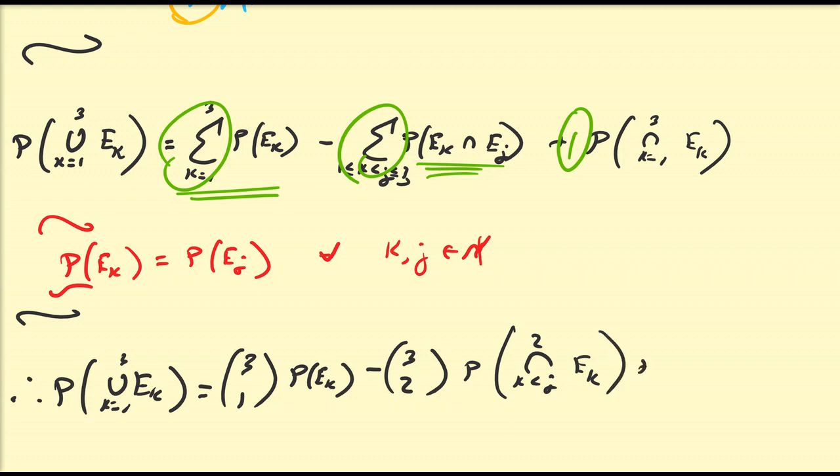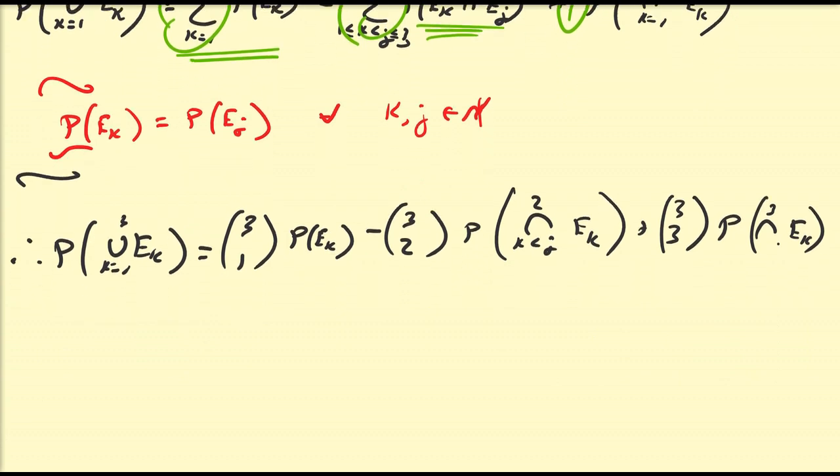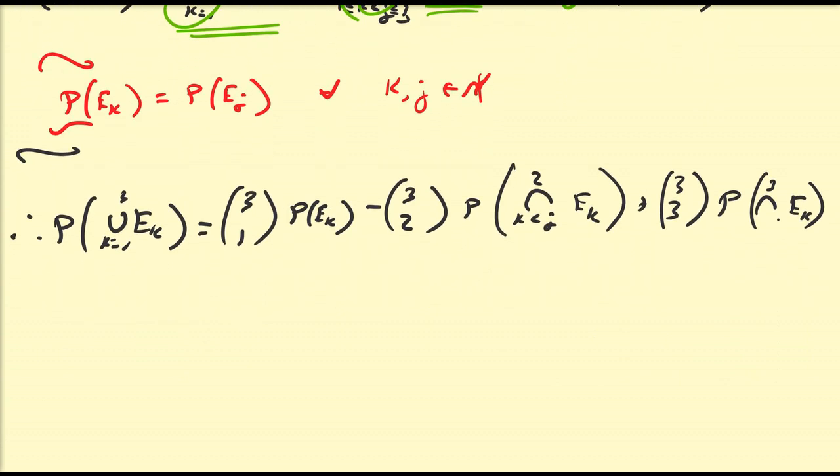And then this is plus 3 choose 3, which is of course 1, times the probability of the intersection where k is less than j less than l. This is all combinatorial intersections of 3 sets: 1, 2, 3, 1, 2, 4, 2, 3, 4, and all those types of things. And of course, this is the single intersection for this first case.